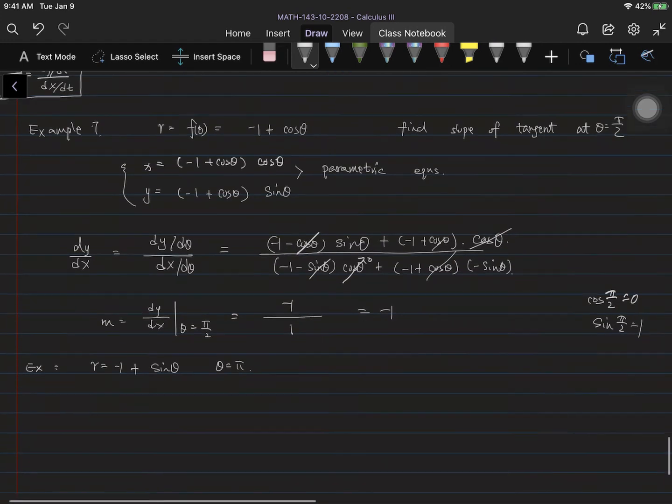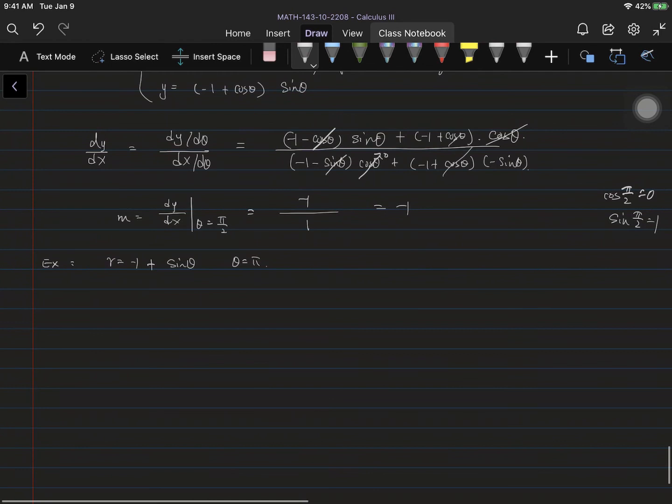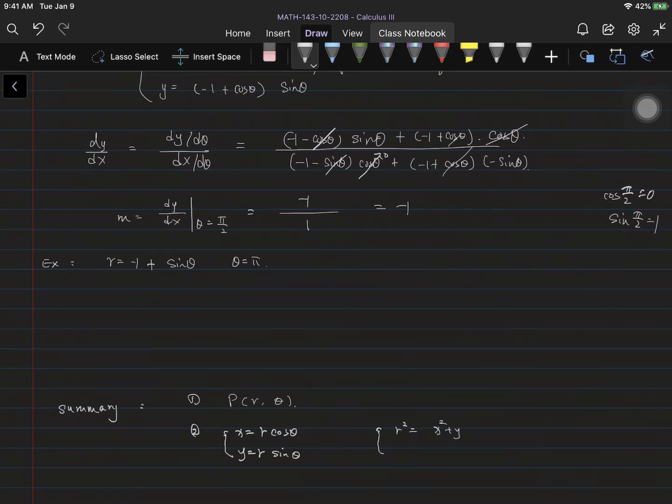But in this section, what we learned is all about polar coordinates. Summary. The first thing, the point is given by (r, theta). Okay, what is r? What is theta? What's the meaning? Second, what's the relationship between Cartesian and polar? x = r cosine theta, y = r sine theta. In calculus 4, you are going to use this a lot, okay? And how to find polar? r squared equals x squared plus y squared.